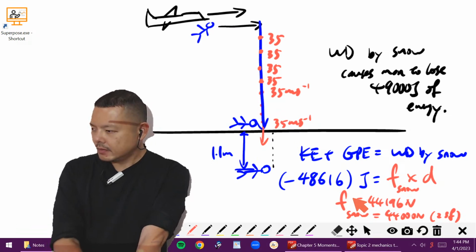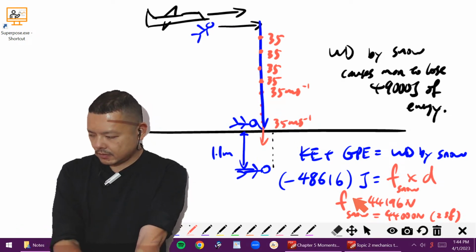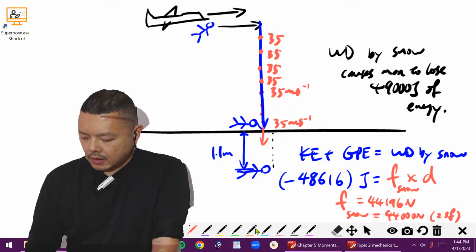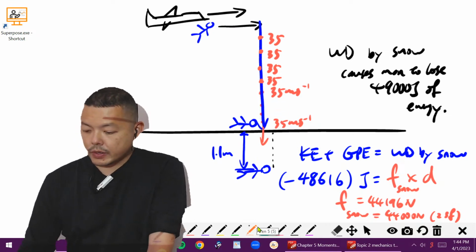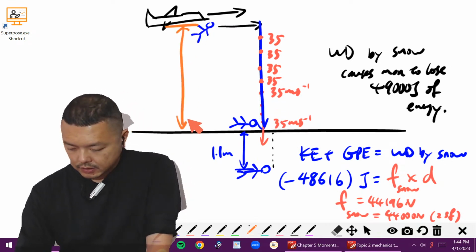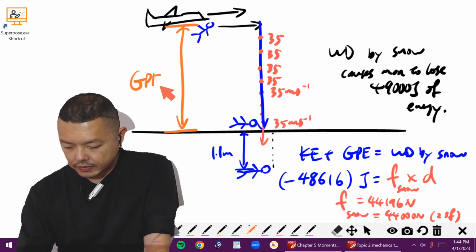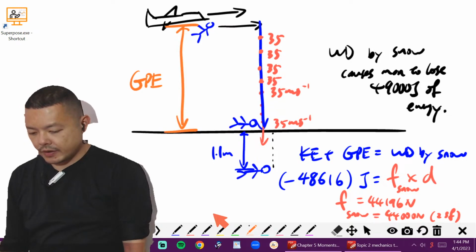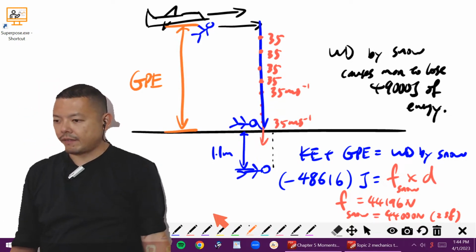How do you find that? For the last one, what you do is this: you find the GP that he would have gotten first when he's falling in air. When he was falling, how much GP would he have lost?